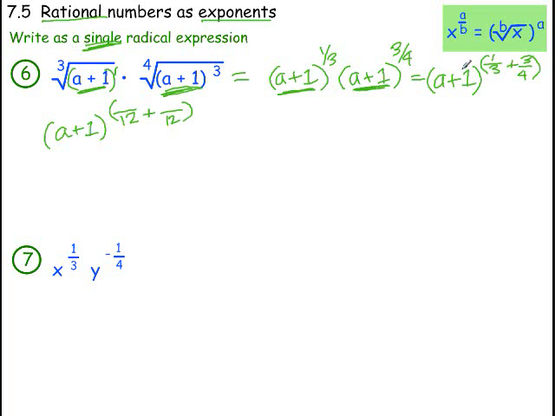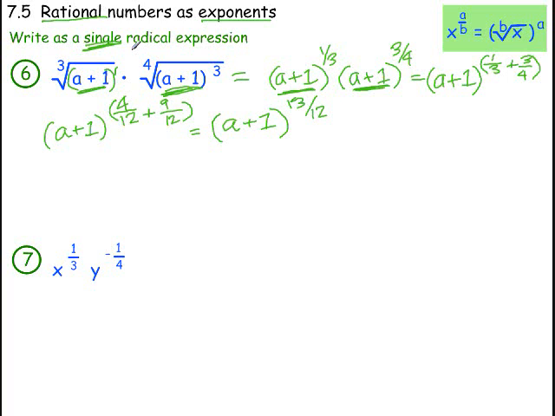To get this to 12, I multiply by 4. To get this to 12, I multiply by 3. When I simplify this, I have A plus 1 in parentheses to the 13th power and the 12th root.